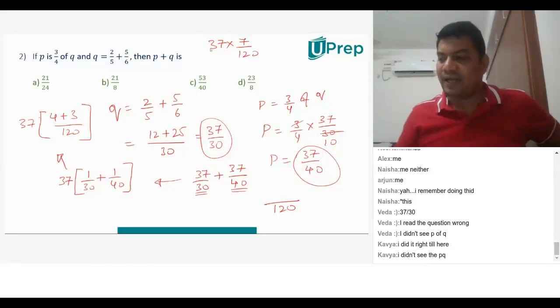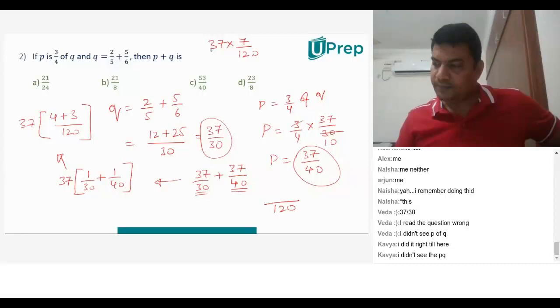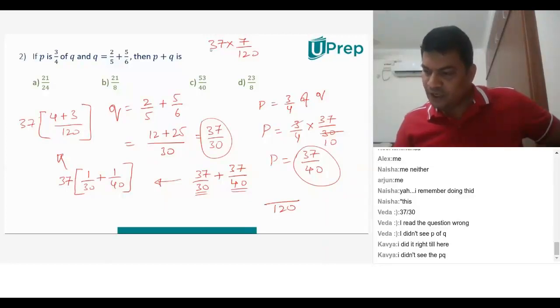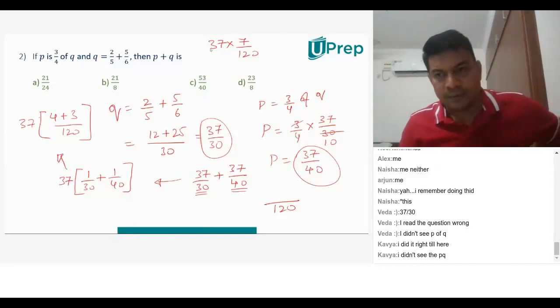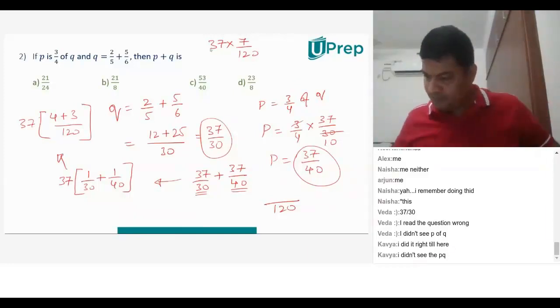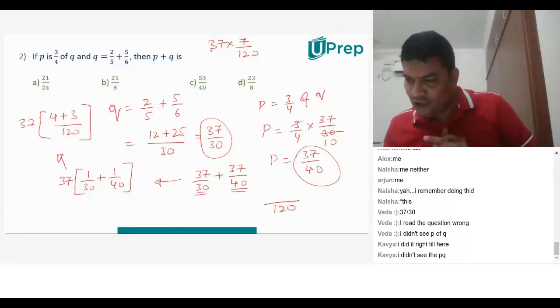Is there any common factor there? The actual answer for 37 into 7 is 259. So 259 by 120. Well, that option is not there. Oh, I think there is no such option in the problem. So are we missing out on anything?